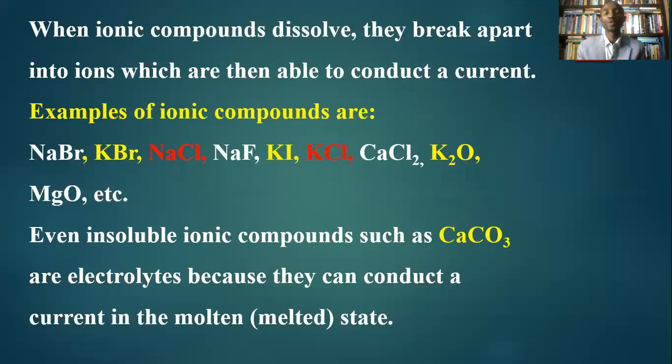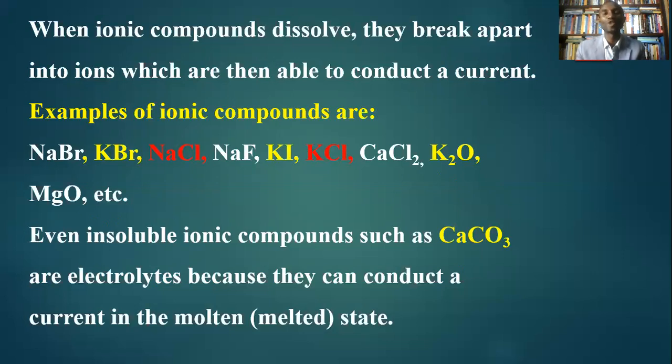Examples. So if you are asked to give examples of electrolytes, simple, you can give the ionic compounds like sodium bromide, potassium bromide, sodium chloride, potassium chloride, sodium fluoride, potassium fluoride, calcium chloride, potassium oxide, sodium oxide, magnesium oxide, etc. So many of them.